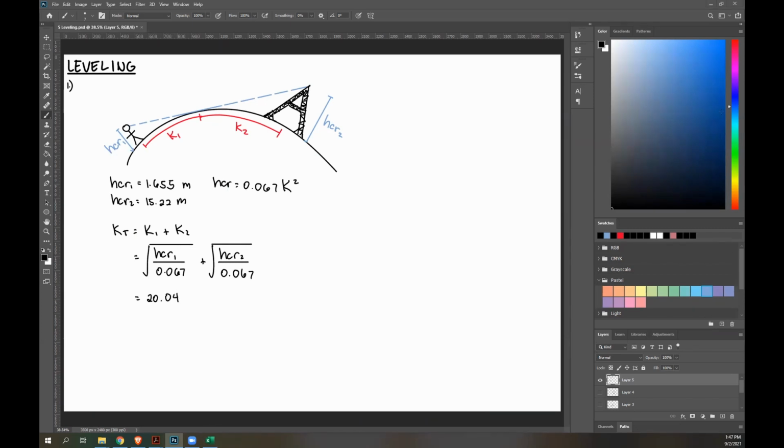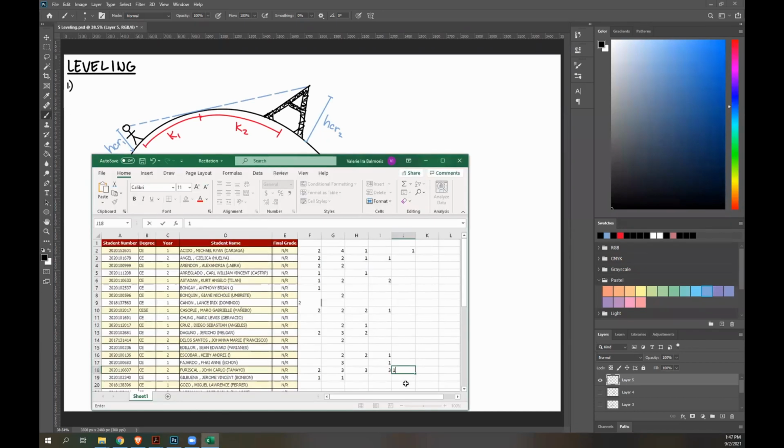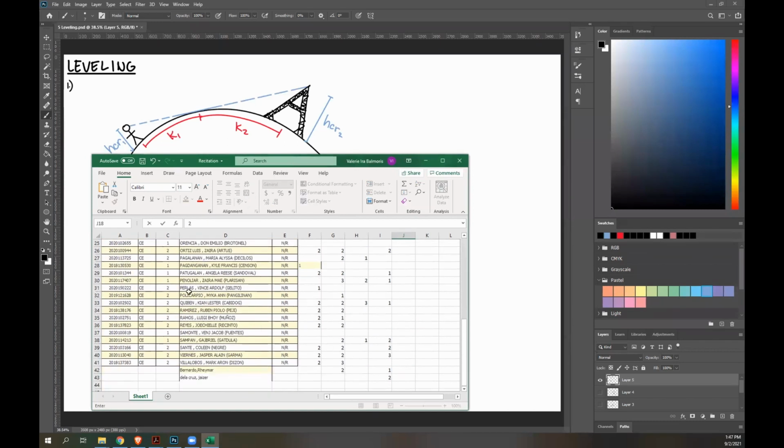What's the unit? Correct. Very good. So it's kilometers. So correct again, John and Penoliar Zaira. There we go. Kilometers. Why?